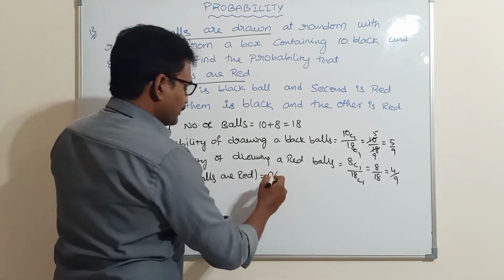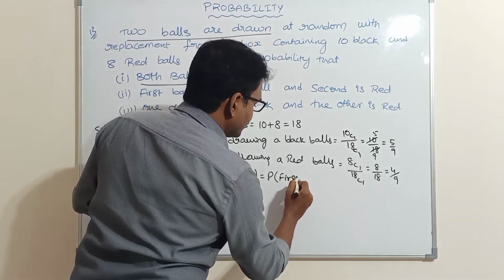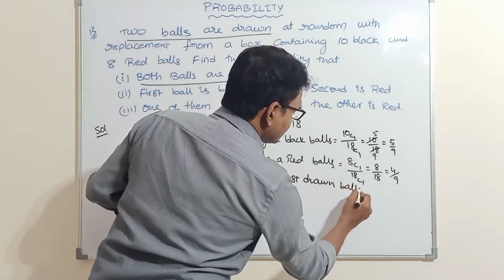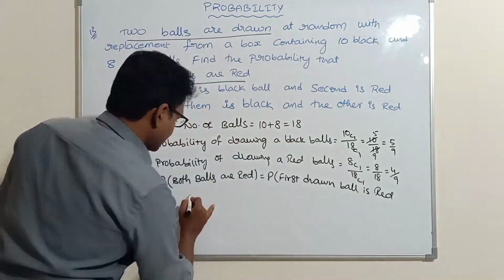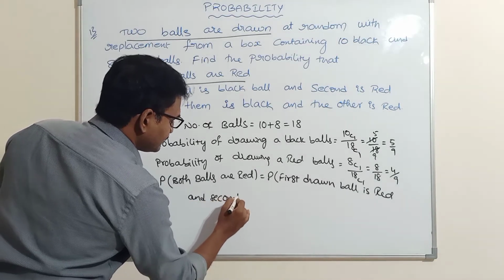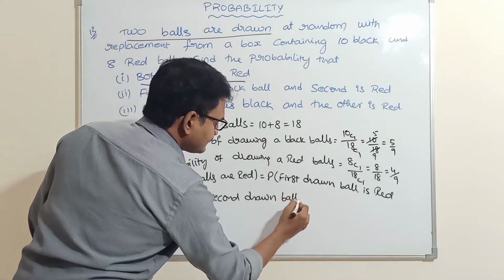It means the probability that the first drawn ball is red and the second drawn ball is red.